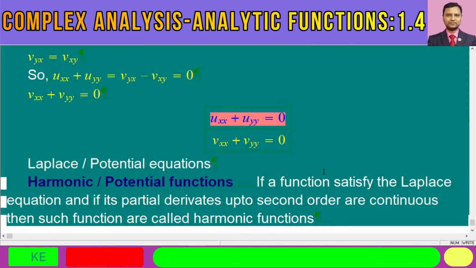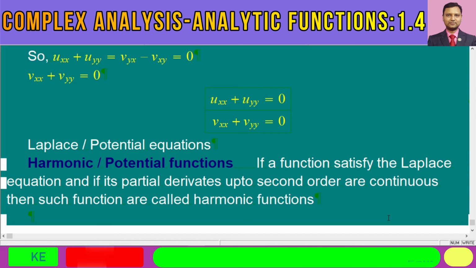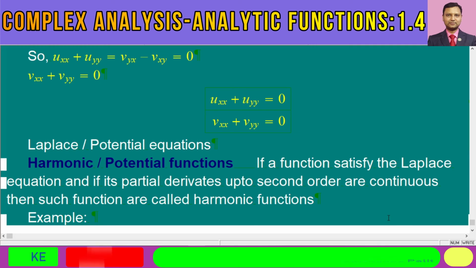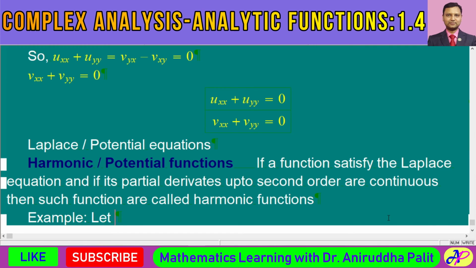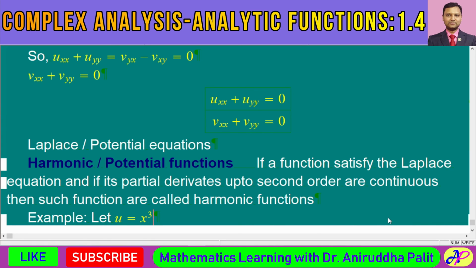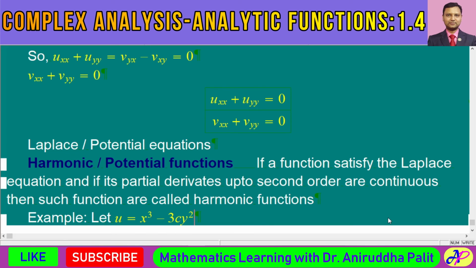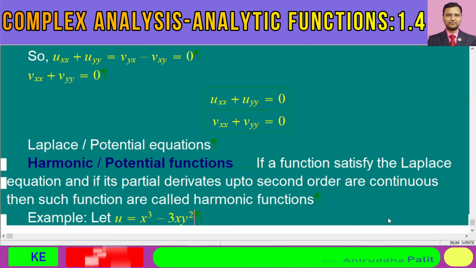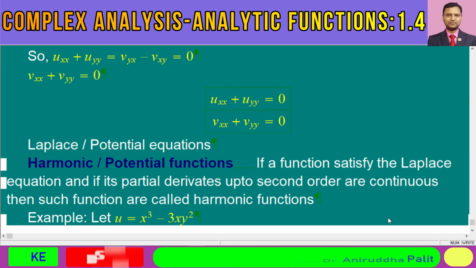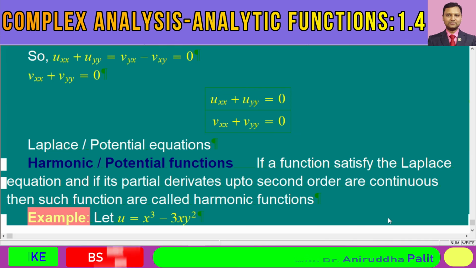For example, let's discuss one very short example. Suppose u is equal to x cubed minus 3xy squared. We need to check whether this is a harmonic function or not.